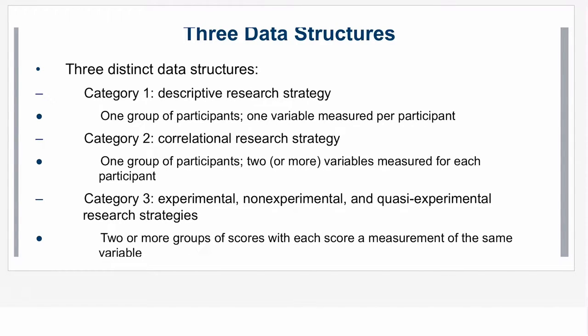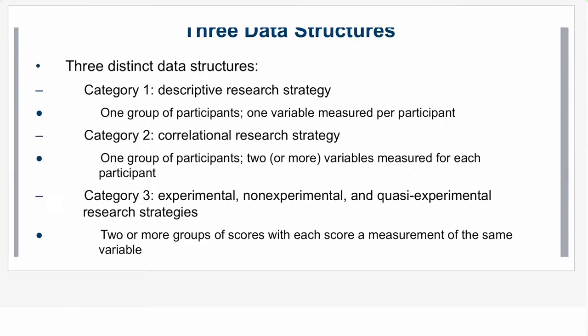And then category 3 includes experimental, non-experimental, and quasi-experimental strategies. And that's when you are putting them in groups. This is where the groups come in. This is where one of the variables is being defined by groups, or you're using that variable to define groups, 2 or more groups of scores. And the second variable is being measured by each.